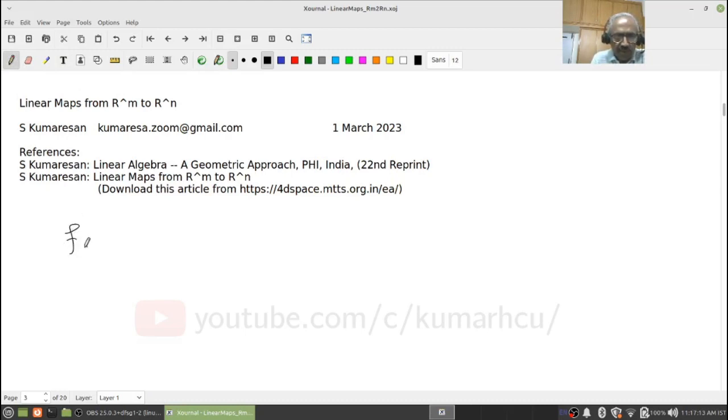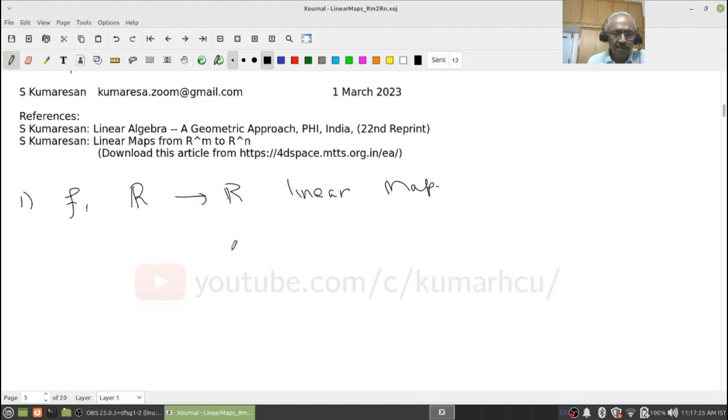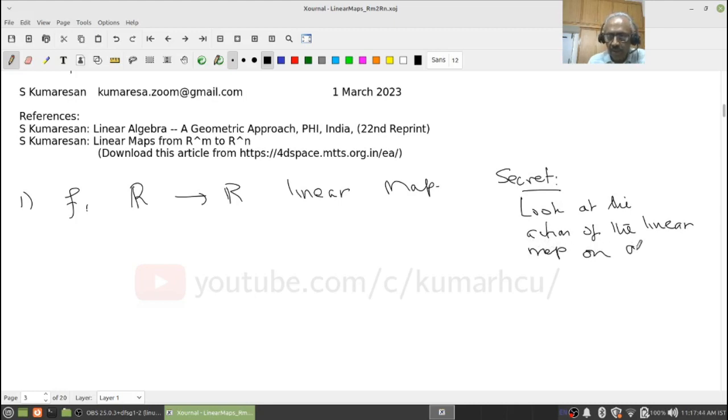Suppose f is a linear map from R to R. This is the first thing I want to look at: I want to find all linear maps from R to R. The secret is, whenever you want to look at the action of the linear map, that is the image of the linear map, look at it on a smartly chosen basis of the domain. This is going to be a running trick.